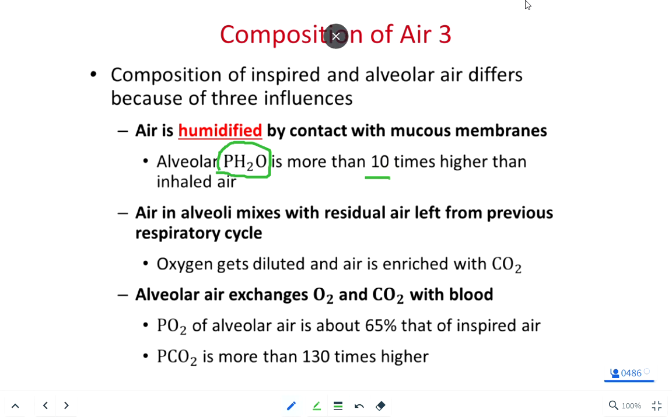And then this time of year, when you exhale, really warm, moist air is rapidly cooled in the environment. The water comes out of the gas, and you see the tiny mist or the vapor this time of year as you breathe out and see the clouds. We also find that within the alveoli, or those little tiny sacs at the end of the respiratory tract, we're going to be removing oxygen from the air.